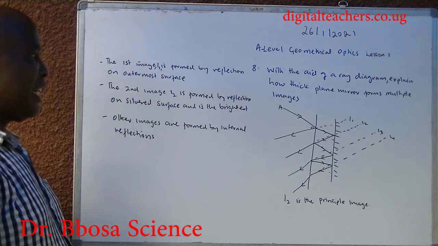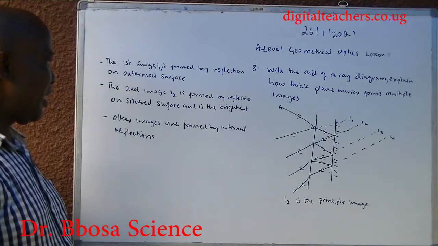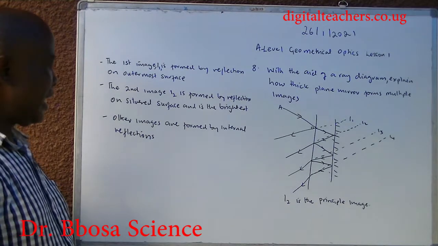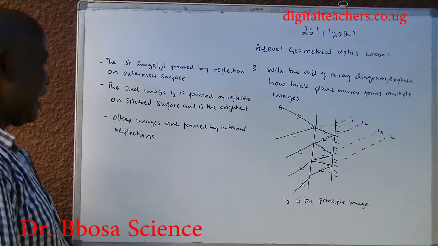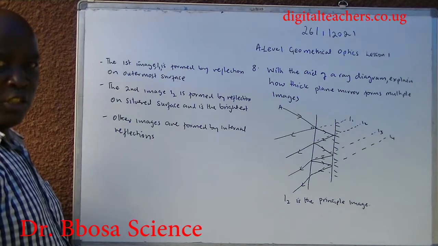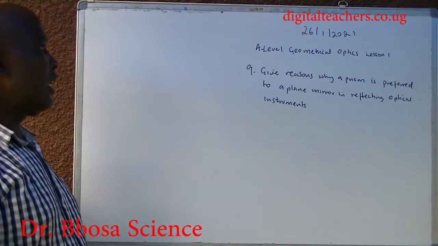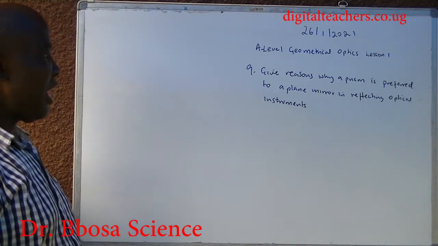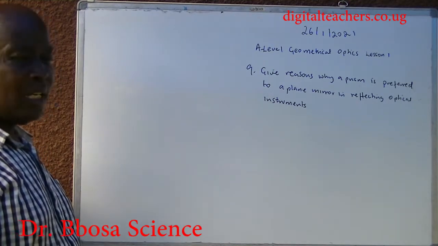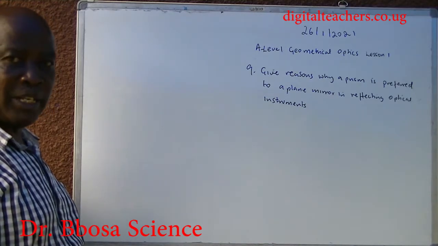The second image is formed by reflection on the silvered surface and is the brightest. The other images are formed by internal reflections.